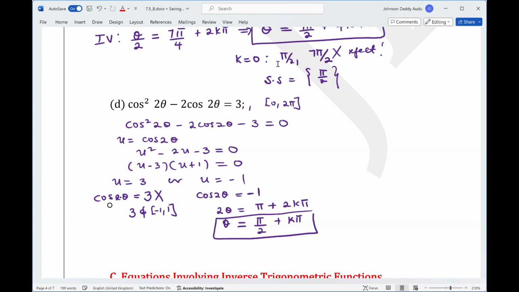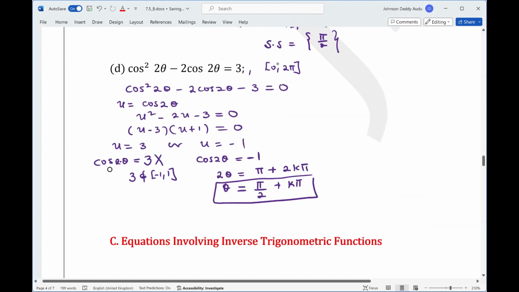And here we can take as many k's as we want, depending on the interval we have. So you can see if k equals 0, we're going to have pi over 2. If k is 1, we'll have 3 pi over 2, right?